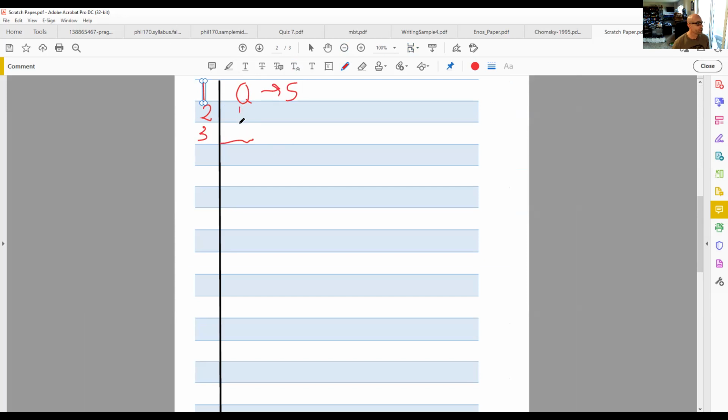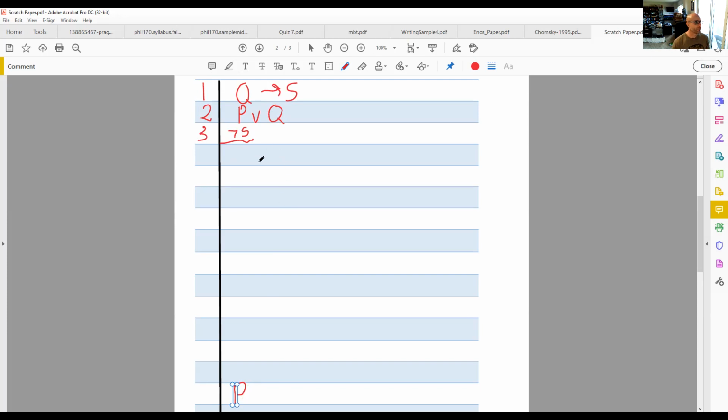So we'll do this proof two different ways. We'll do it once with just the basic rules, and then we'll do it using the more advanced rules or the derived rules. Okay, so we need to get to P, and there are a lot of different ways we can do this.